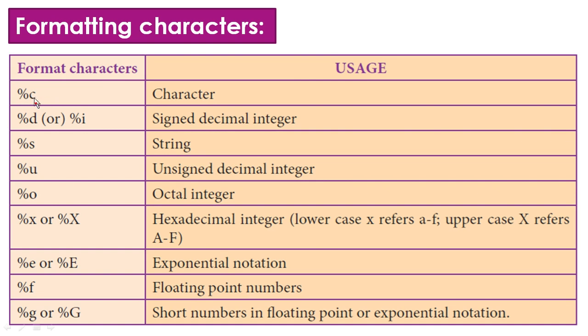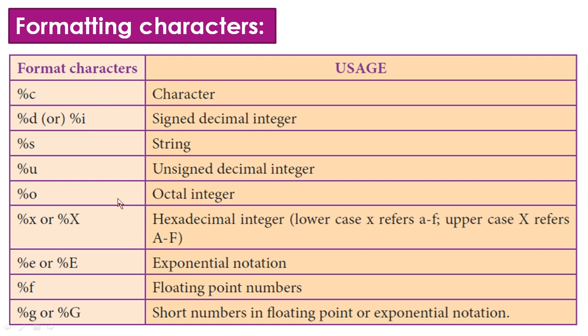Percentage c means when we give this formatting character in the formatting string, we can print character values. For signed decimal number, we use percentage d or percentage i. Instead of d, we can use i also. That is, i means integer, d for decimal, s for string.